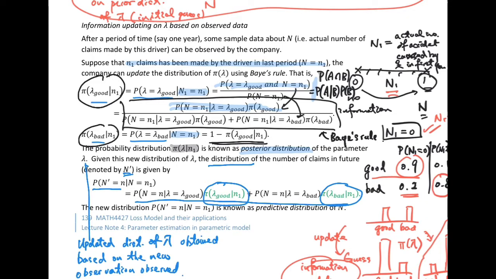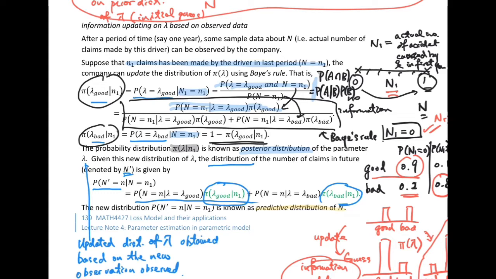So you will get the new distribution of the N. This new distribution of N, which you calculate based on the updated distribution of the lambda, is what we call the predictive distribution of N.